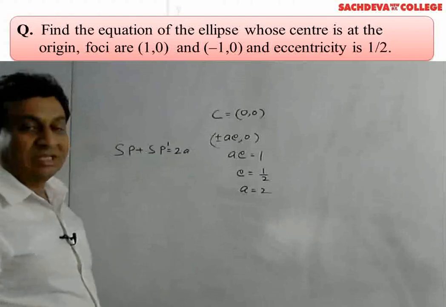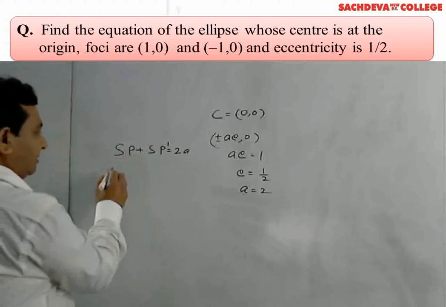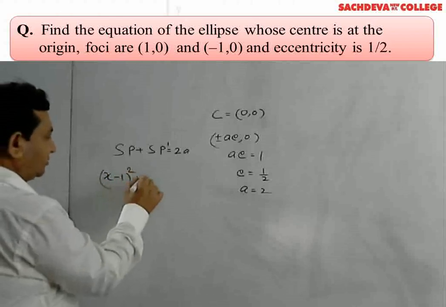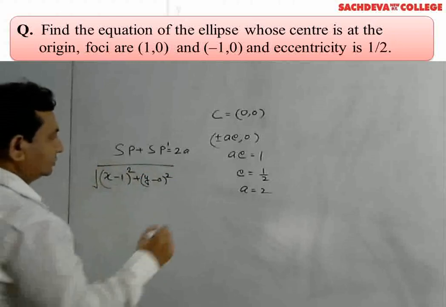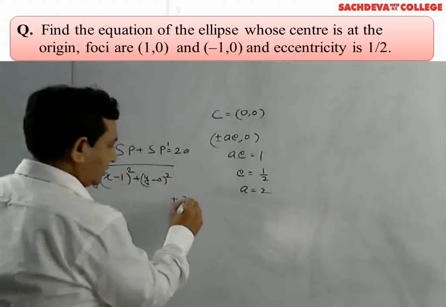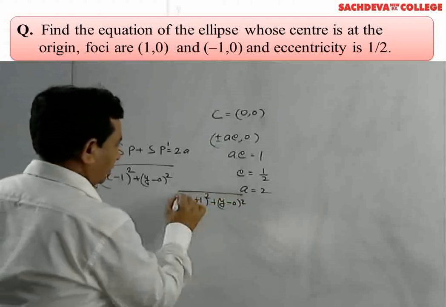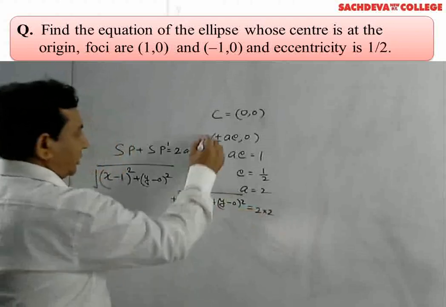Here S is (1, 0) and S dash is (minus 1, 0) and P is (x, y). It means SP will be equal to root of x minus 1 whole square plus y minus 0 whole square, plus SP dash, which is root of x plus 1 whole square plus y minus 0 whole square, will be equal to 2a, that is 2 into 2, because a is 2 here.